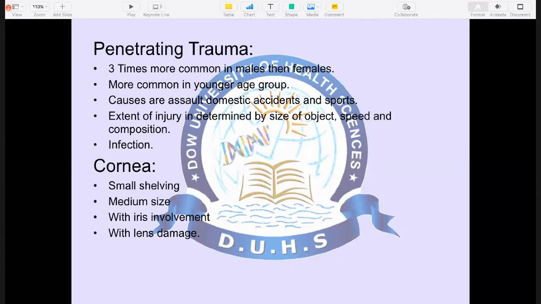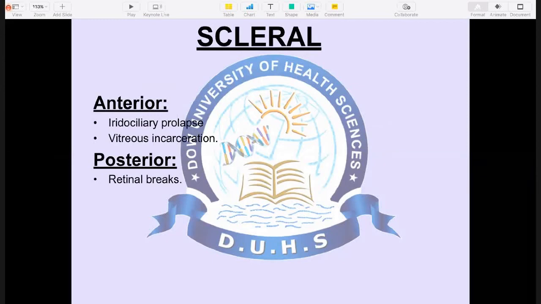That point of entry can be the cornea, the conjunctiva, or the sclera, right? And depending upon how far the foreign body entered into the eye, you may have a cataract. Say if it penetrated the lens, it will immediately induce a cataract. If it gets impacted in the retina, then you might have a retinal tear. So it all depends upon where and how far your foreign body goes into the eye.